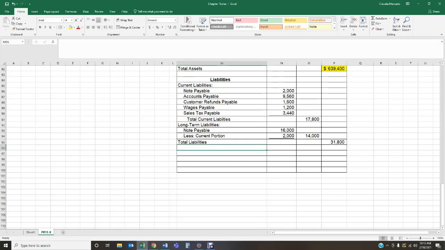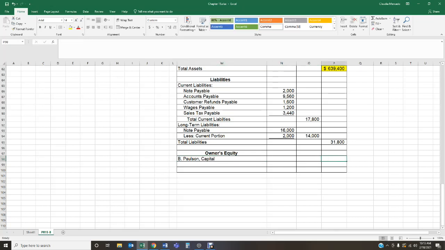Now, last but not least, we've got our owner's equity section. So for my owner's equity section, I'm going to bring in my capital balance. We're almost done, class. It's just long and tedious work, but it's just transferring information from your trial balance over to your respective financial statements.